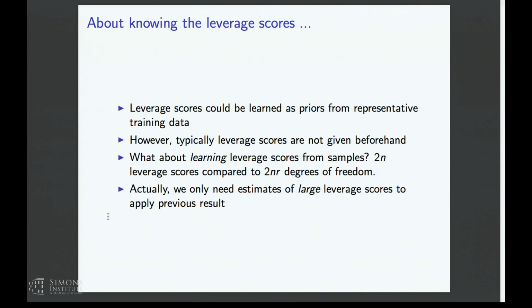So the natural question is, if we're still in the setting where we can just learn about the underlying matrix by revealing entries of the matrix, is it possible to learn the leverage scores of the matrix along the way while completing it in a way where the total number of samples we need is lower than the number of samples we would need from uniformly IID sampling of the matrix?